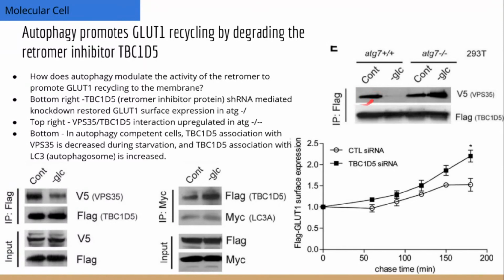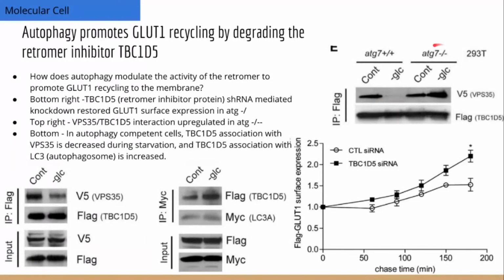So we see under normal conditions, the retromer is inhibited by TBC1D5 because they're interacting. When glucose is removed, there's no pull down, there's no association between TBC1D5 and VPS35. So in other words, during autophagic conditions, during glucose removal, the retromer inhibitor, TBC1D5, dissociates from VPS35.